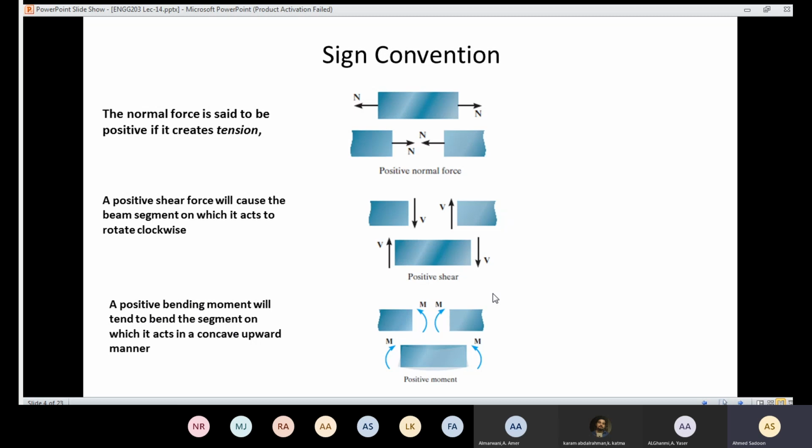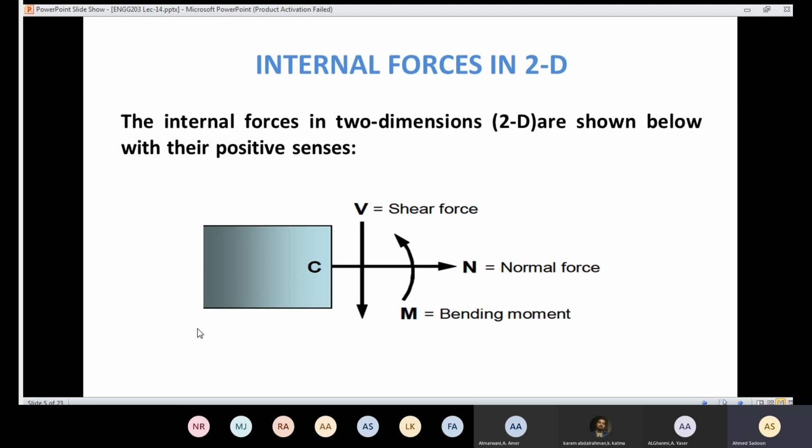So to sum up, if you are going to pass a section through a structure and take the left part, then the positive is going to be like that regarding the normal force, and V is going to be down regarding the shear force, and the bending moment is going to be counterclockwise.